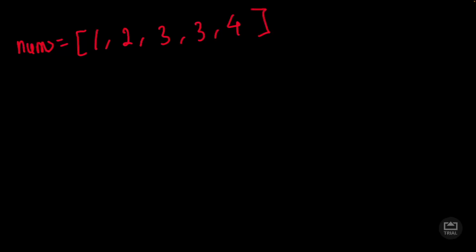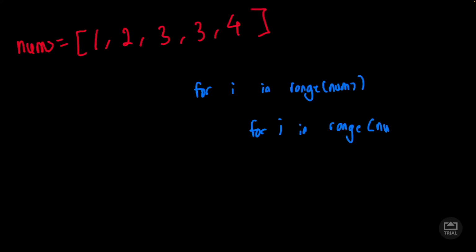So we'd have for i in range nums, and then we'd have something like for j in range nums.